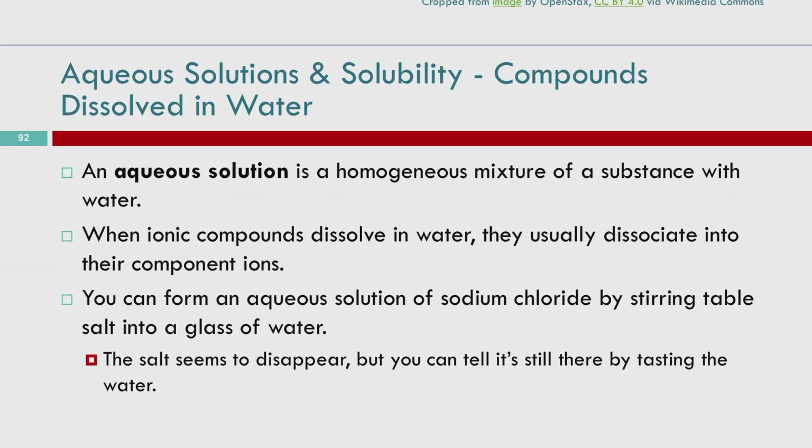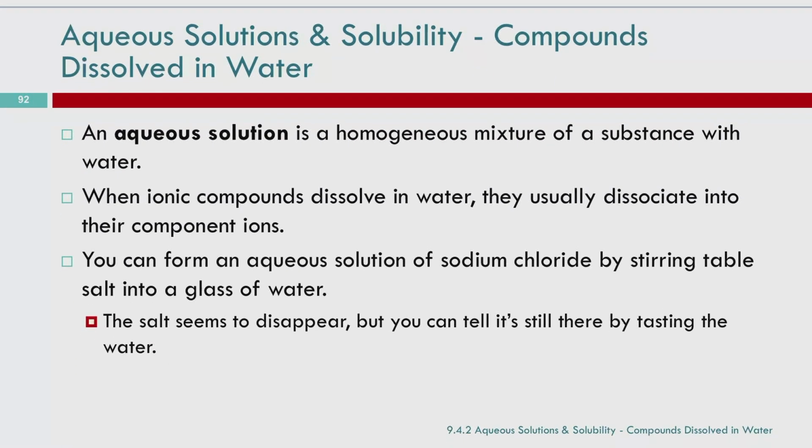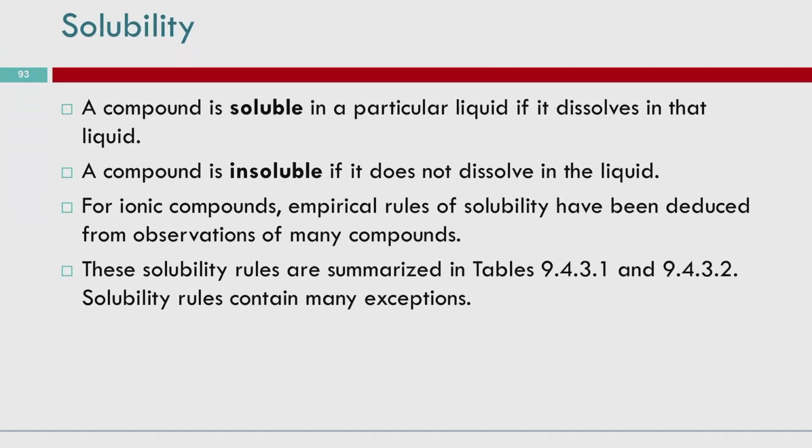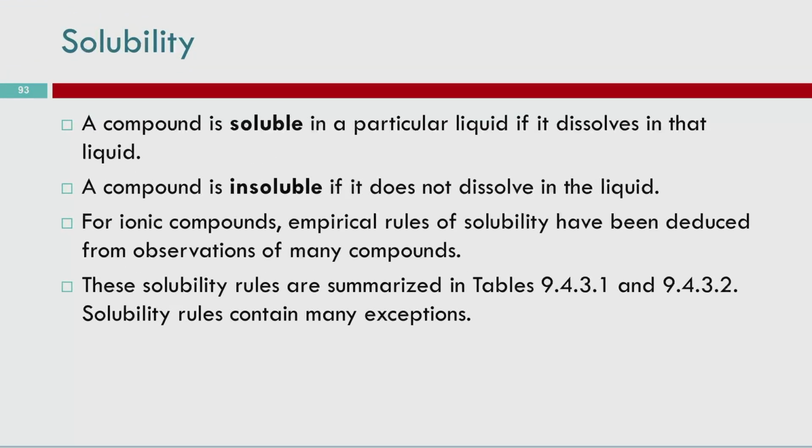This brings us to solubility. This is a repeat of stuff that we've talked about before. A compound is soluble, meaning that it will dissolve, if it dissolves. So sodium chloride is soluble in water because it will dissolve, it will separate into its separate ions in water.